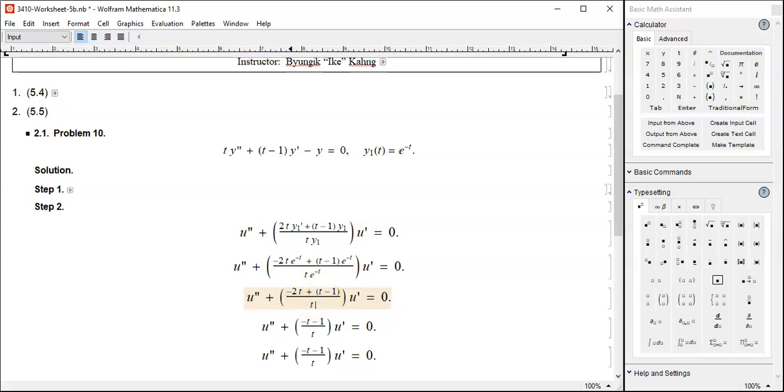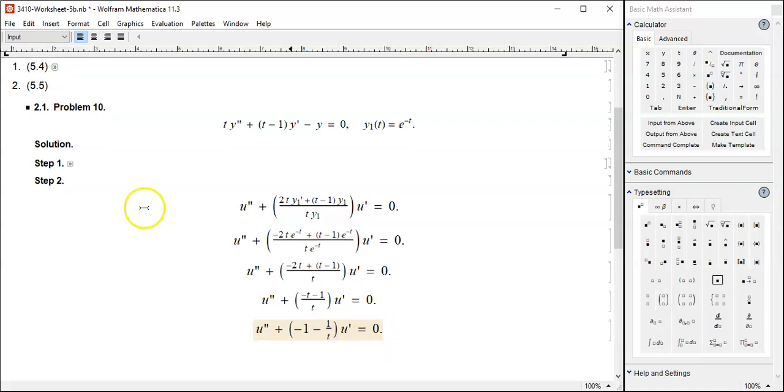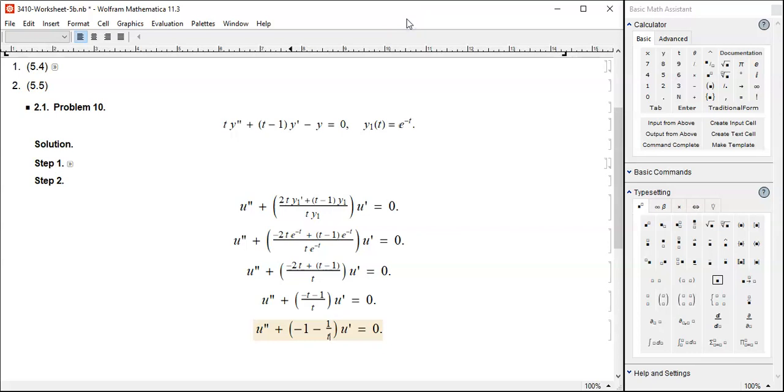I'm not rewriting, so there's no reason to just jump ahead too much. Let's keep it, and then let's take one more like this. And then let's simplify -1 minus 1 over t. Okay, much simpler than before, going good.